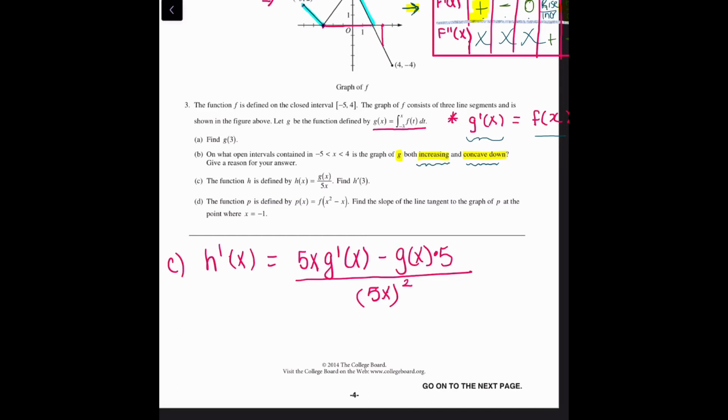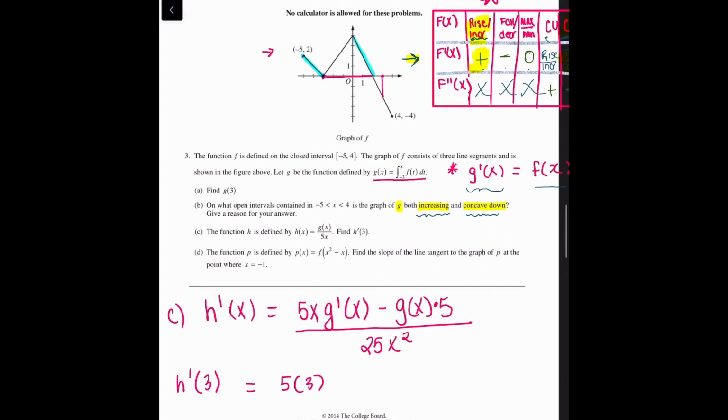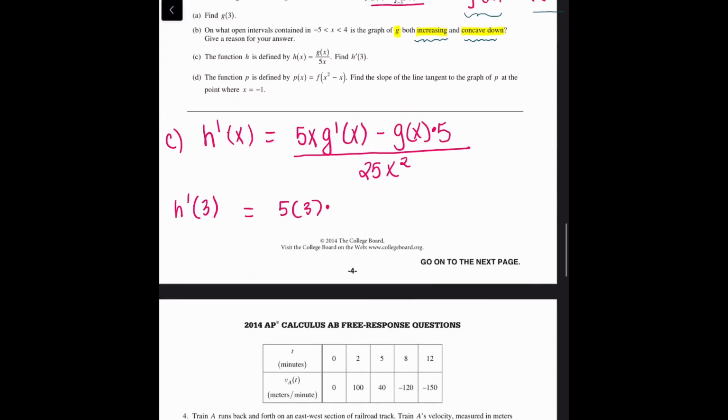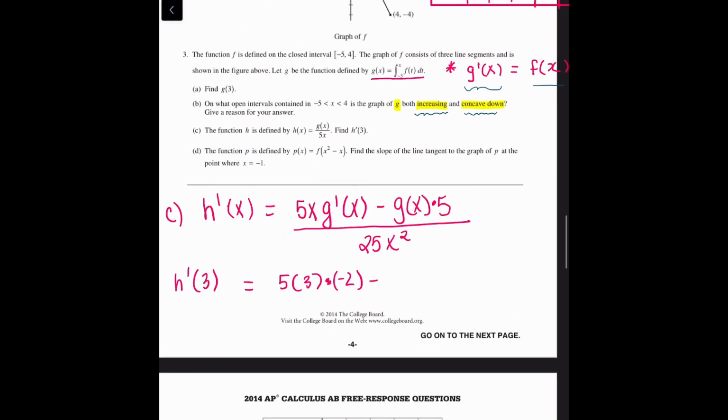We know 5x squared, I'm just going to rewrite that, is 25x squared. Now we're trying to find h prime of 3. So we plug 3 in for x. 5 times 3. G prime of 3, we know f is g prime, so we go to 3 on the graph. We know when we go to 3 on the graph, we get negative 2. So times negative 2 minus g of 3, we already found in part A, and we got 9.